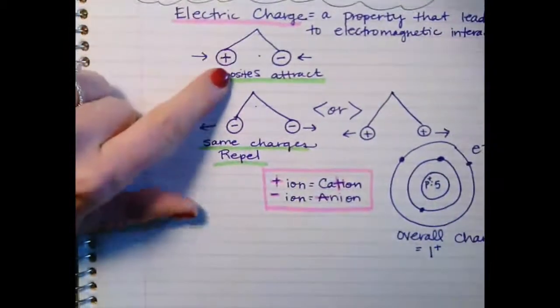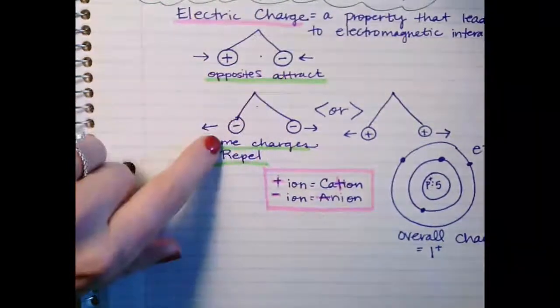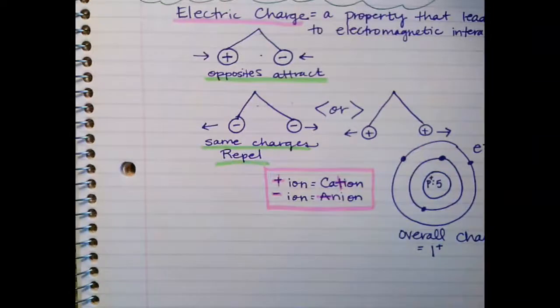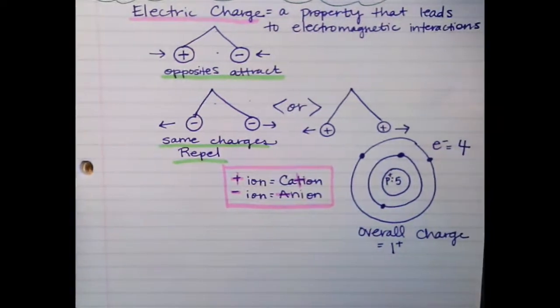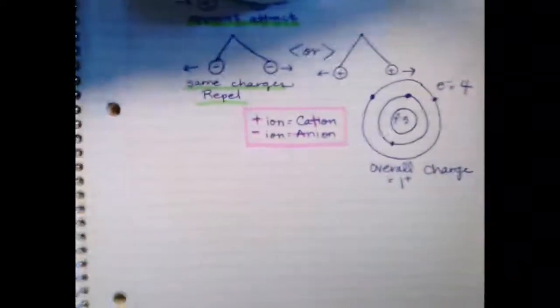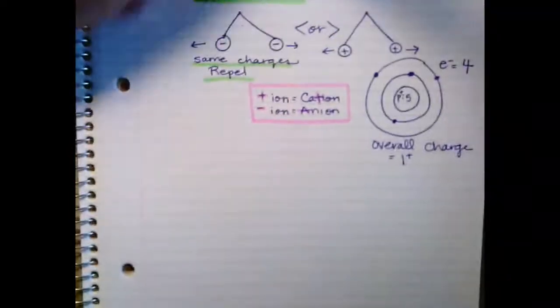So this would be a cation and an anion. This would be 2 anions, and this would be 2 cations. That's a little bit of 9th grade stuff for you, but I noticed a lot of you have been asking me about that in general. So that is the electric charge beginner steps.